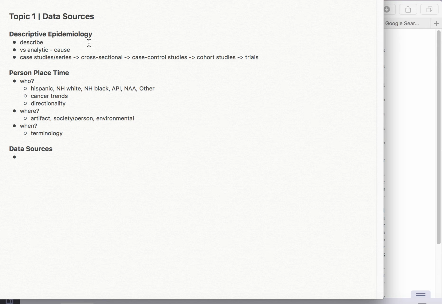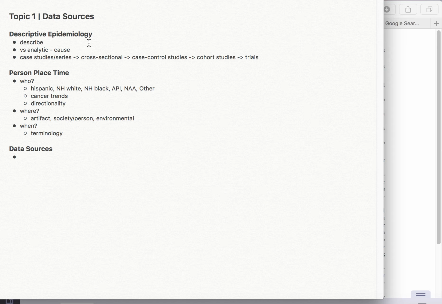Vital statistics provide information about birth and death. Disease registries provide information about whatever those registries are involved in, such as cancer. So those are the kinds of things to think about.